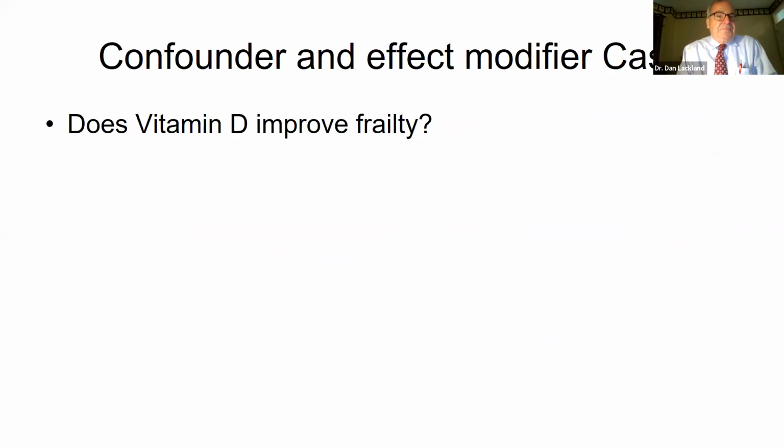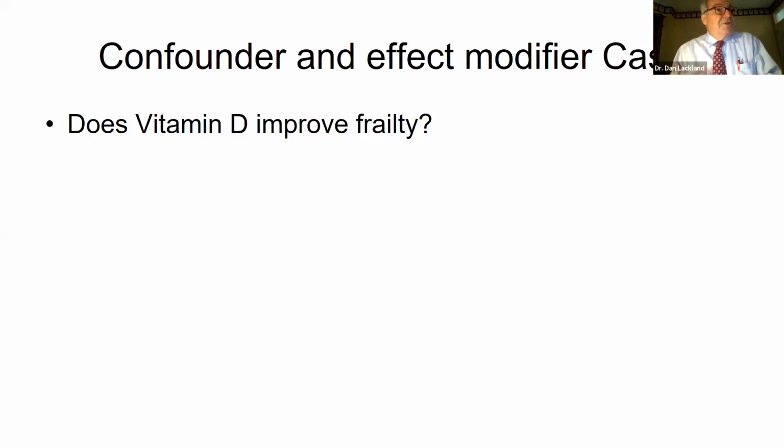So here is a simple question we can think about: vitamin D supplementation. We're thinking about this as a confounder, but it could also be an effect modifier. So, does vitamin D improve frailty? It's a fairly simple, reasonable type of question.